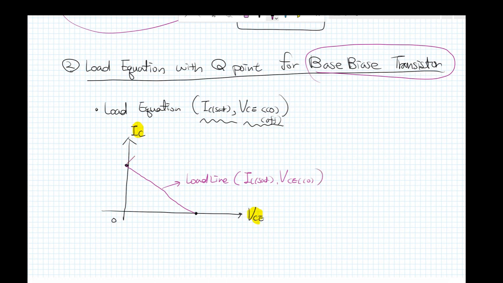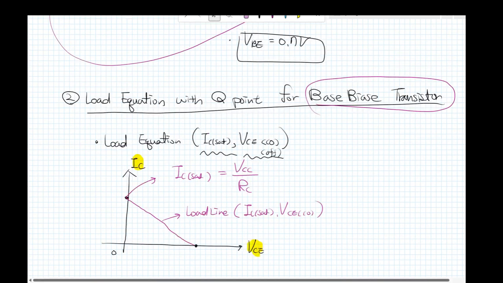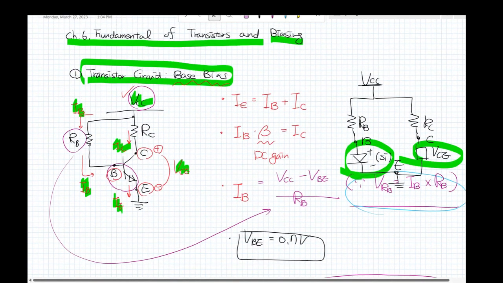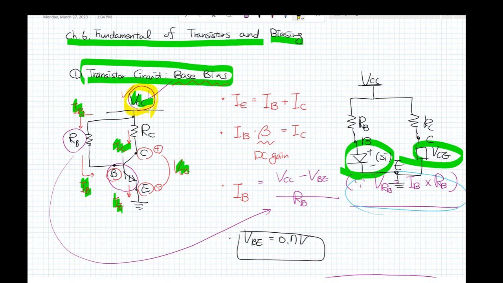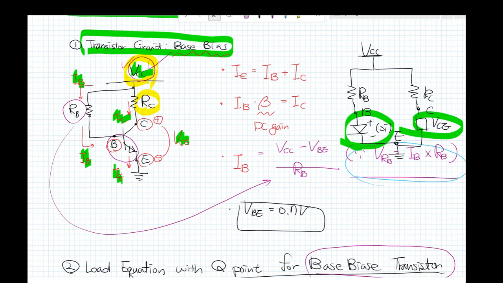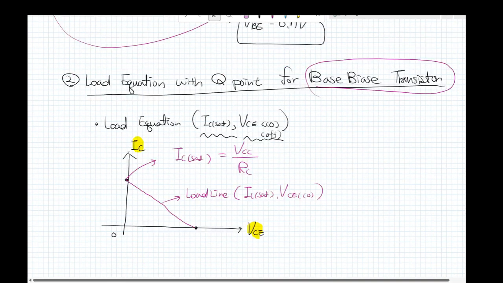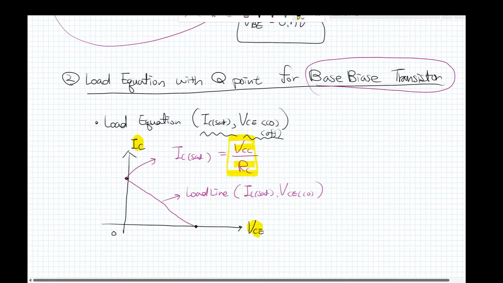To find I sub C saturation, we can calculate V sub CC divided by R sub C. What is V sub CC? The supply voltage from the collector side. R sub C is the resistor for the collector.